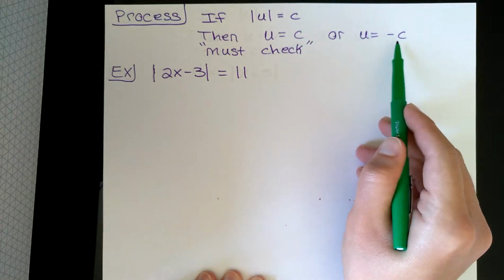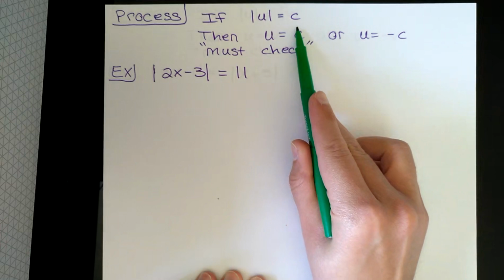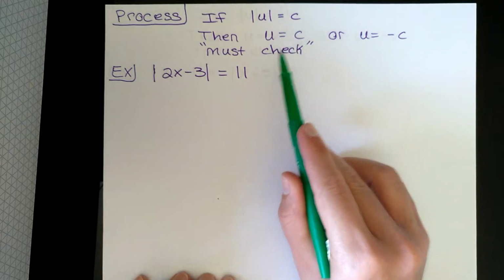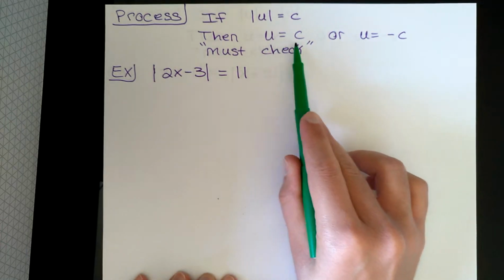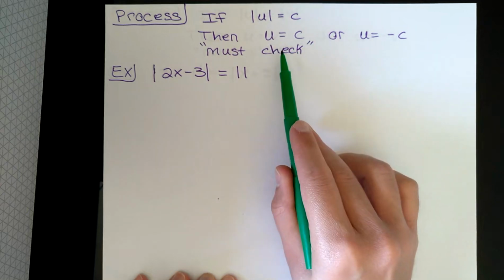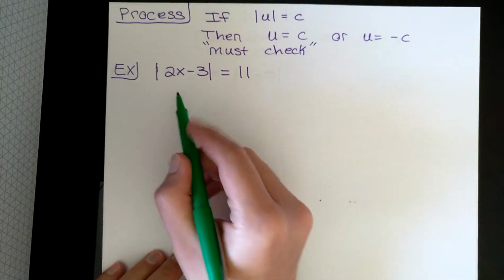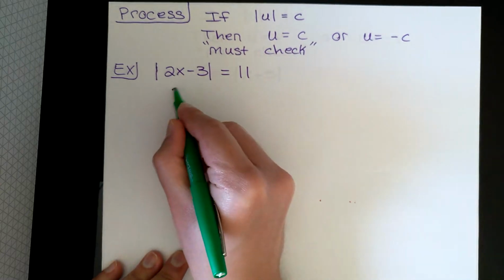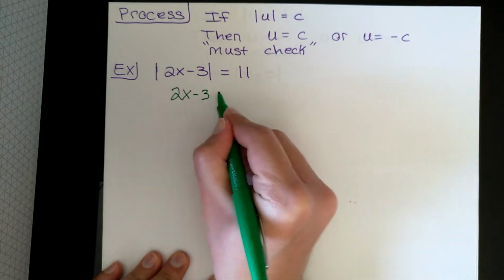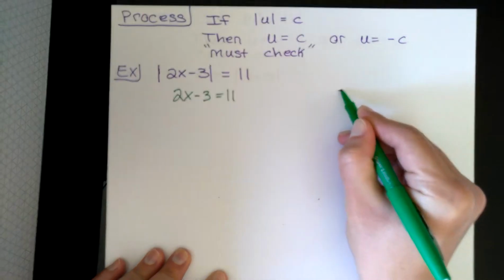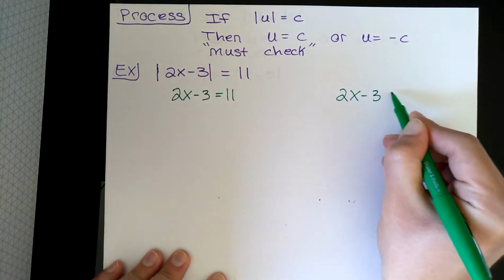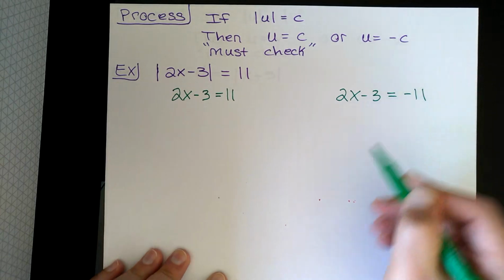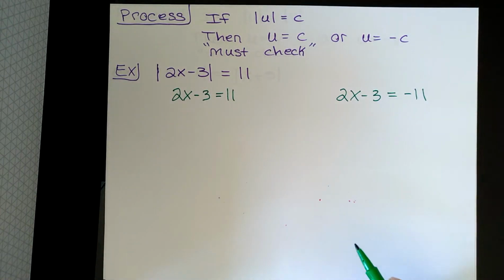If you took the absolute value of negative c, you would still get c. So we have to solve an absolute value, we have to set both of these equations up and solve. Meaning to solve the absolute value of 2x minus 3 equals 11, we will set up 2x minus 3 equals 11 and 2x minus 3 equals negative 11 and solve.